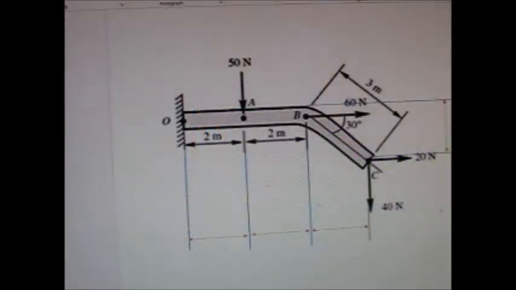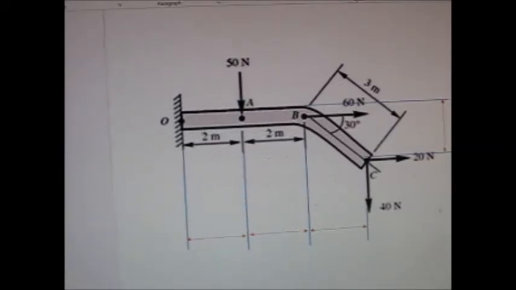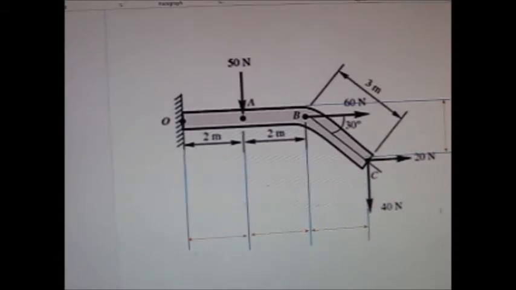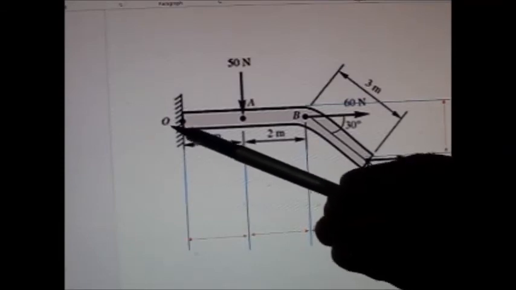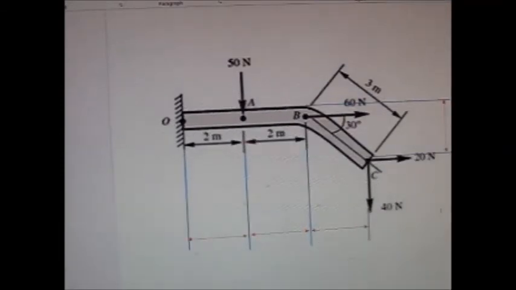Hi guys, this is the first exercise. I saw that few of you had mistakes, so probably you need some help. How can we calculate the distances at the moment? Look here, about the point O. Distance is always the perpendicular from the point to the direction of the force.